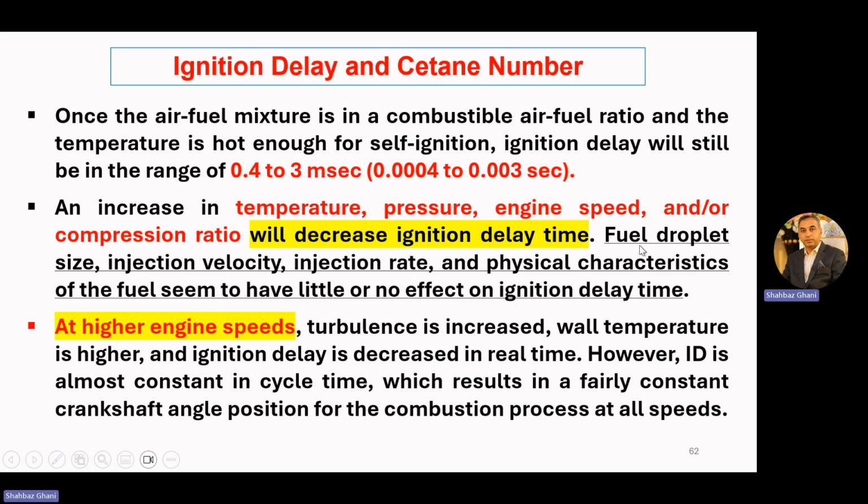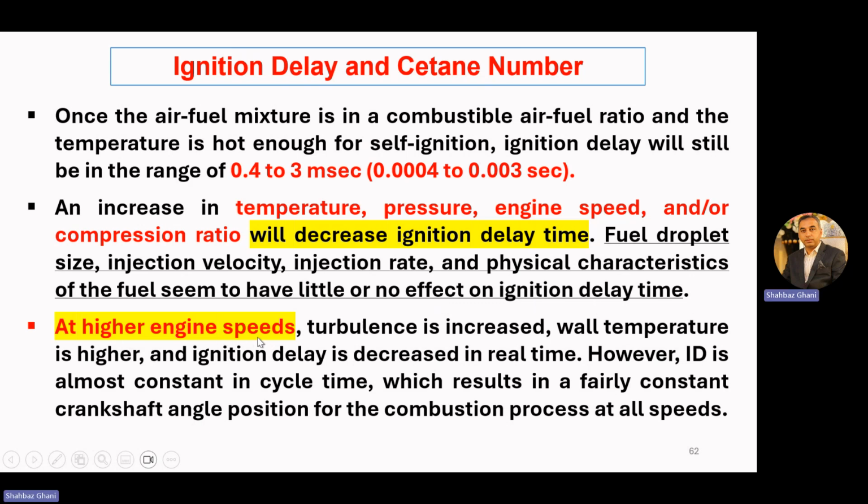Although there will be some effect, in comparison to temperature, pressure, engine speed and compression ratio, this will be very minor.